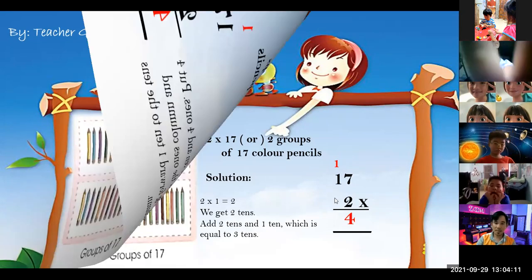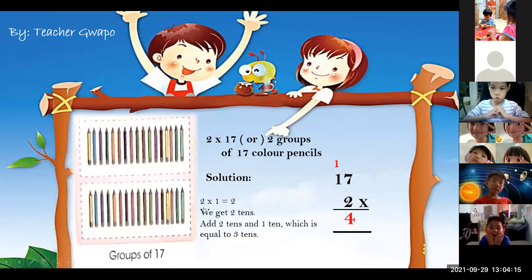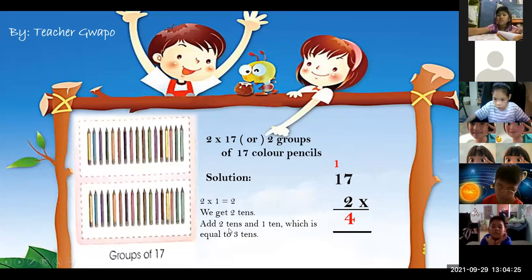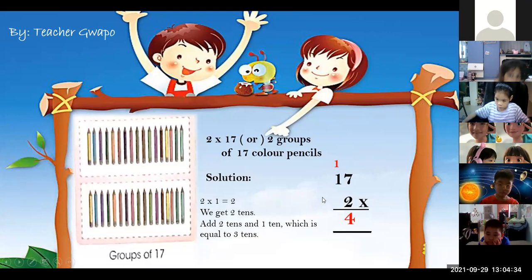After that, we will multiply 2 and 1. 2 times 1 is 2, and that is 2 tens. And we have another 1 ten here from the 14 a while ago, which is equal to 3 tens. So we have here 34.